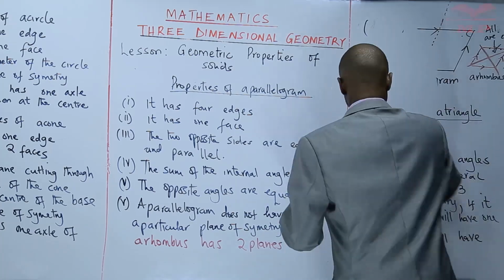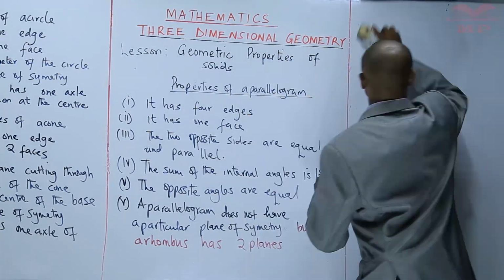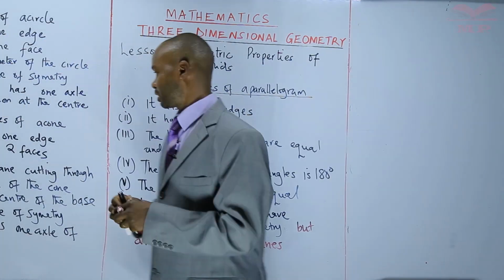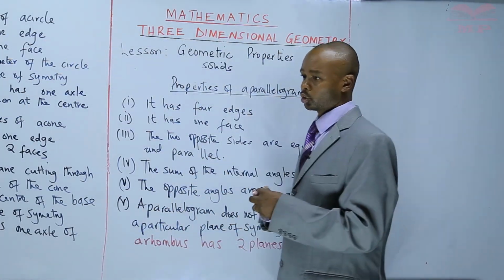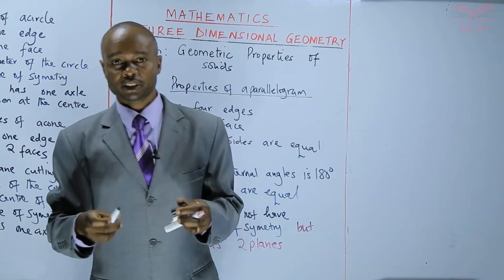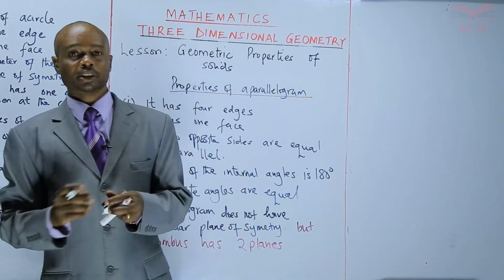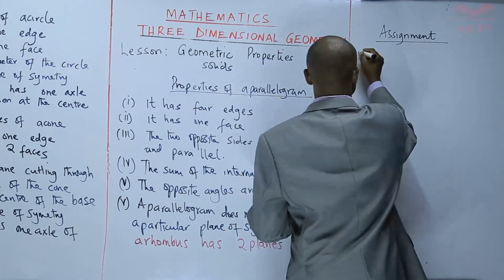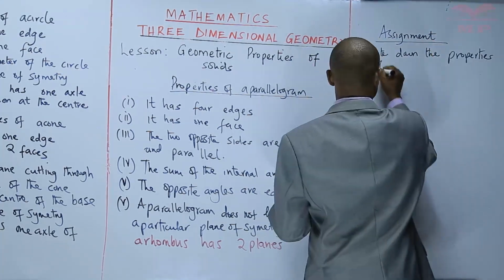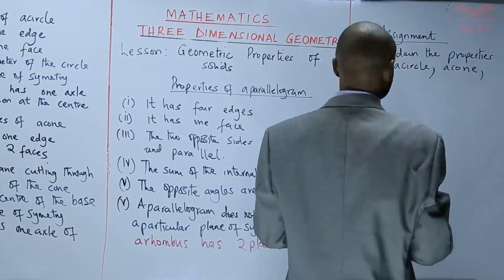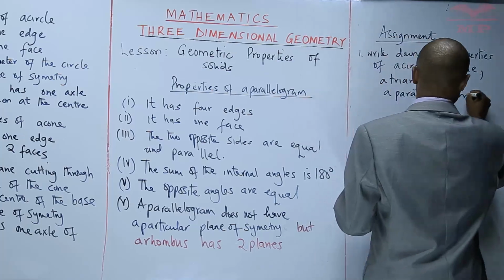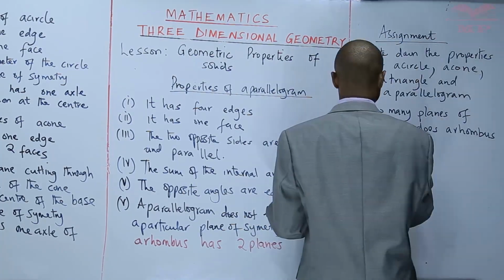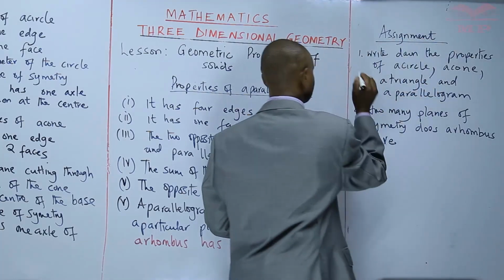Having reached that place, I think we've internalized the properties of each of the figures or the solids we've talked about. So for the assignment, you'll answer the two questions, right?